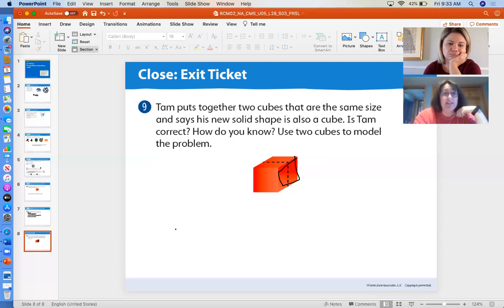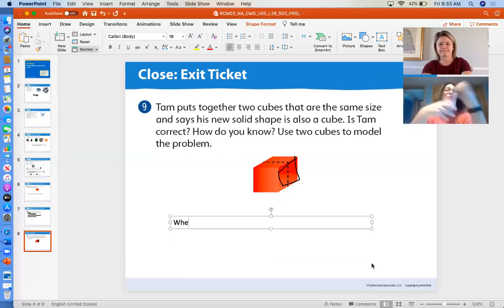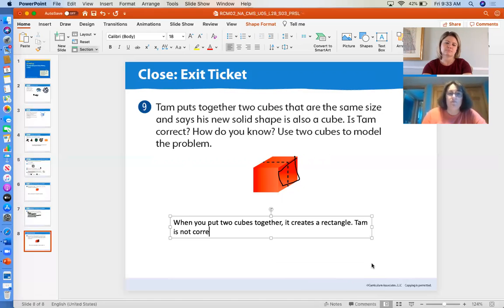You see a square on this first end and a square on the back end if we were actually looking at it. But on all the sides of that 3-dimensional shape, they're all rectangles. So it doesn't work. Tam is not correct. Okay, so I just wrote when you put 2 cubes together, it creates a rectangle. Tam is not correct.